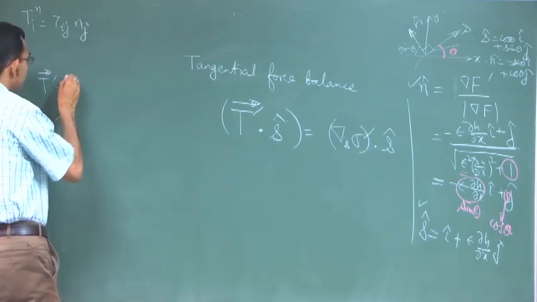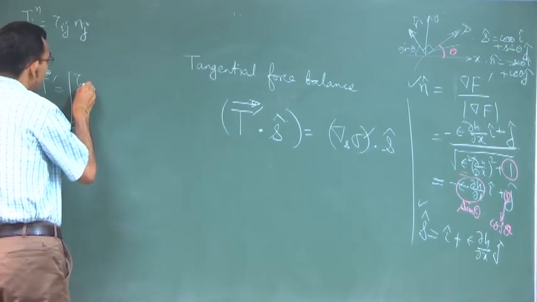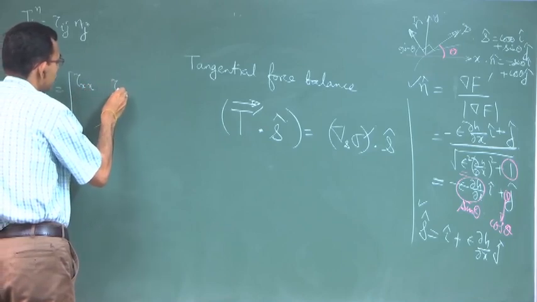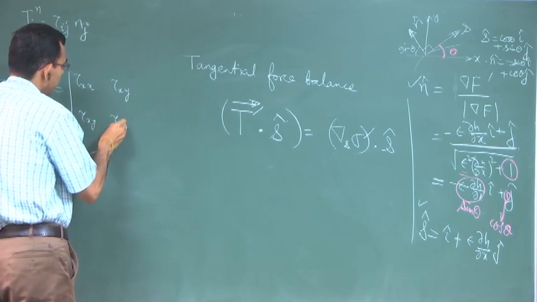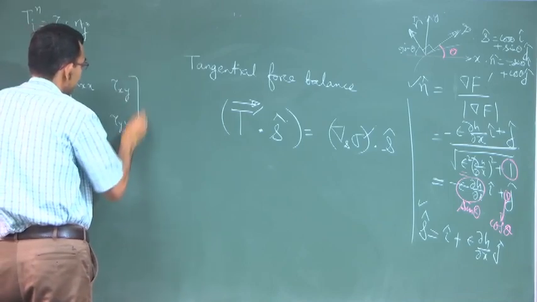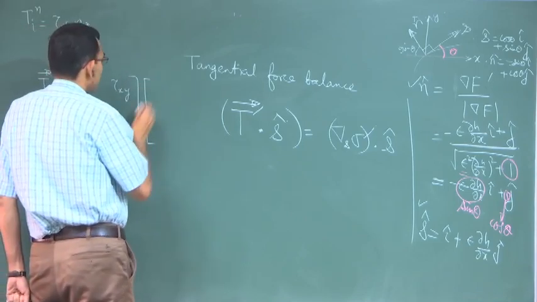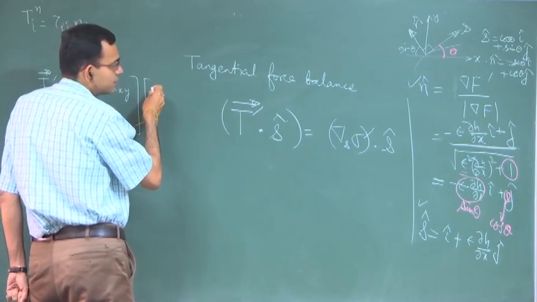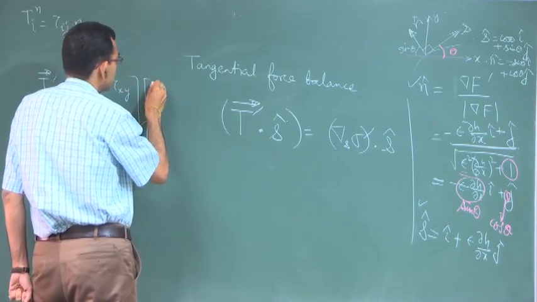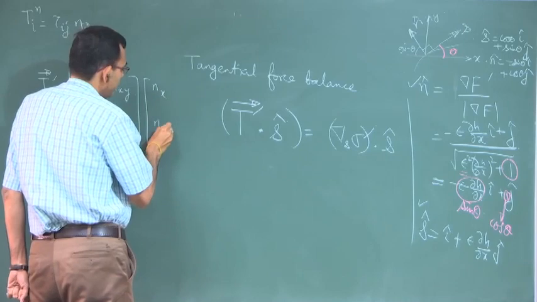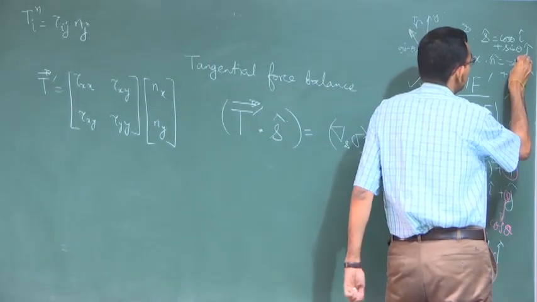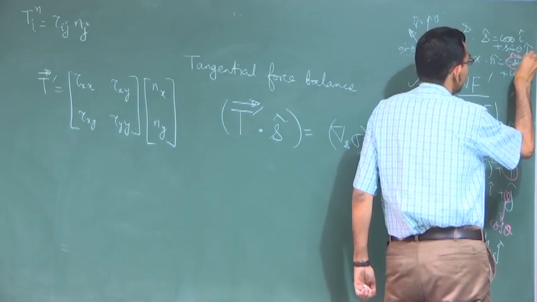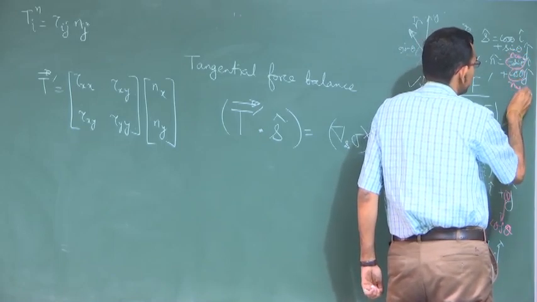So, this will be tau xx, tau xy, tau xy, tau yy into nx, ny, where nx is minus sin theta and ny is cos theta.